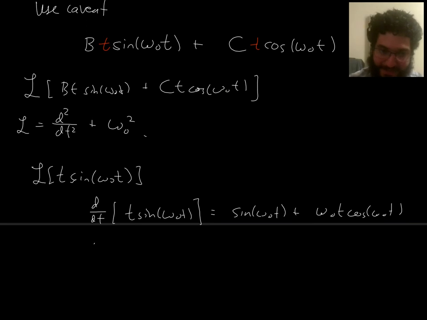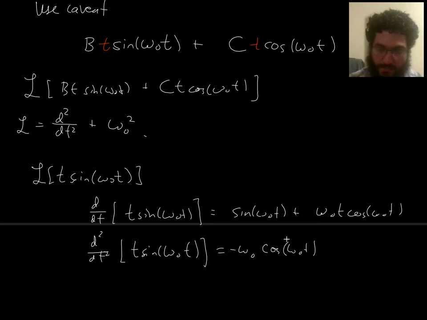All right, now I need to take another derivative. So the second derivative of this. That's omega naught cosine omega naught t, plus, and then I have to do the product rule again.